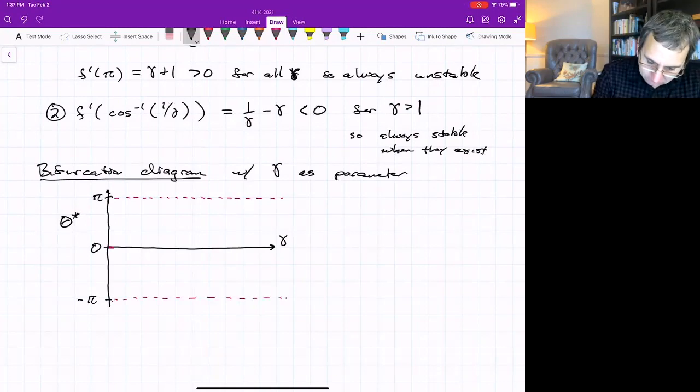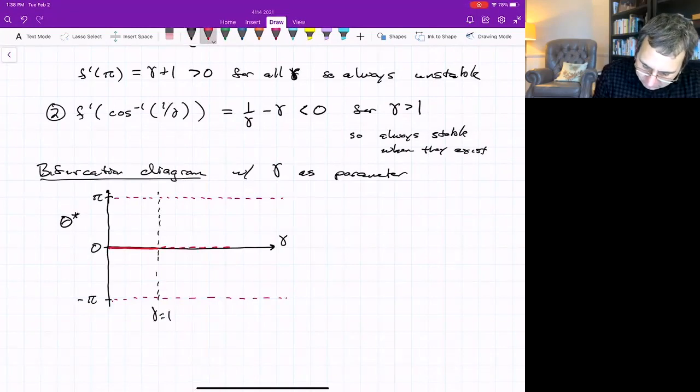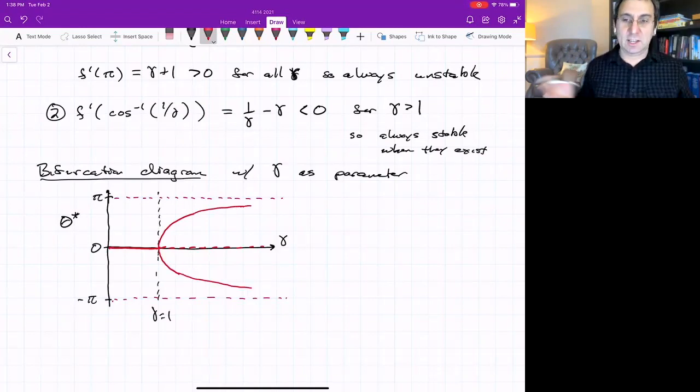Theta equals 0, the down position, is actually stable till we reach a certain point, that bifurcation point, gamma equals 1. And then theta equals 0 becomes unstable and has a parabola that's surrounded on both sides by stable points. So this is looking like a pitchfork diagram.